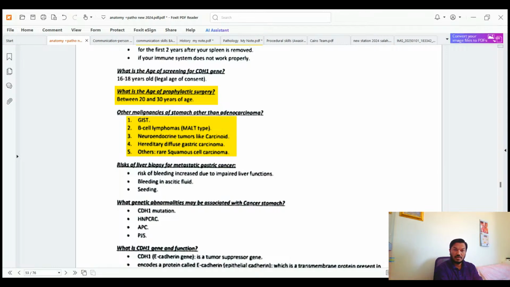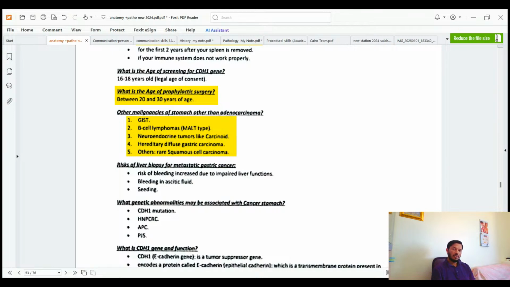Risk of bleeding because of impaired liver function. Bleeding in ascitic fluid and seeding.